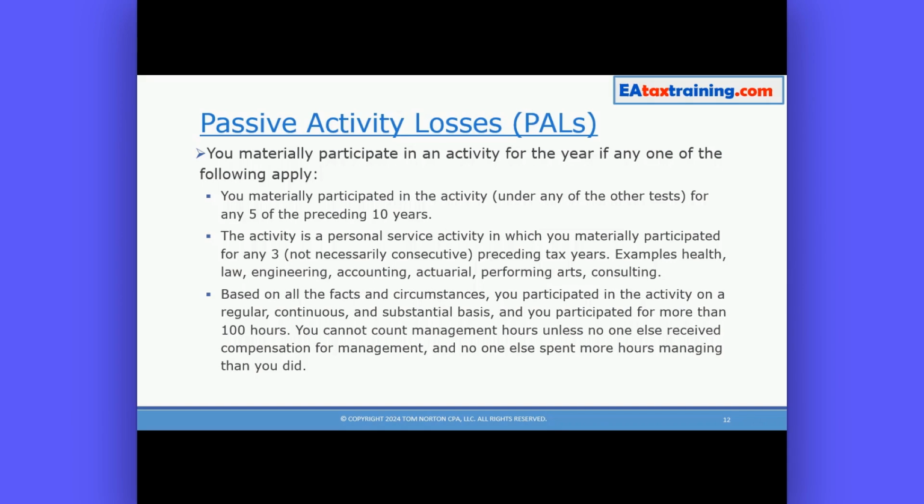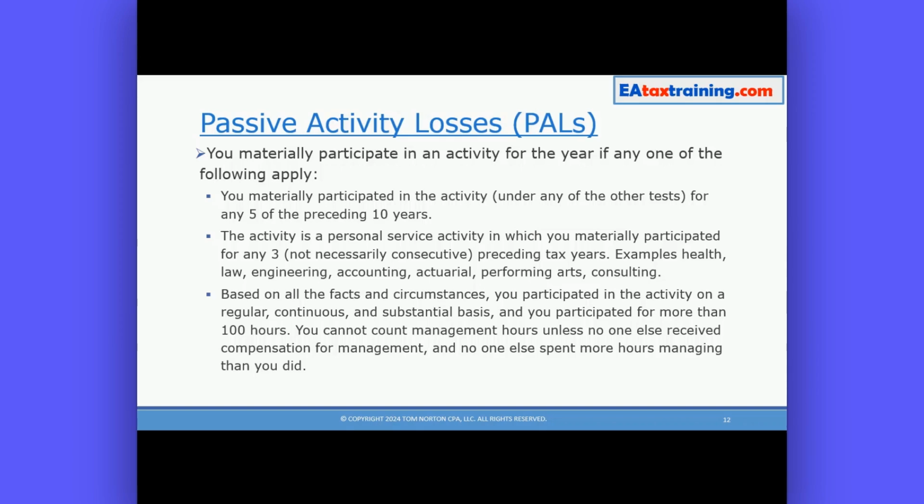And you cannot count management hours unless no one else is being paid to manage it, and no one else spent more hours on management than you did. So this is just, you don't meet any of the other tests, but you really feel like, hey, I put a lot of time and effort into this, and this should count for me.